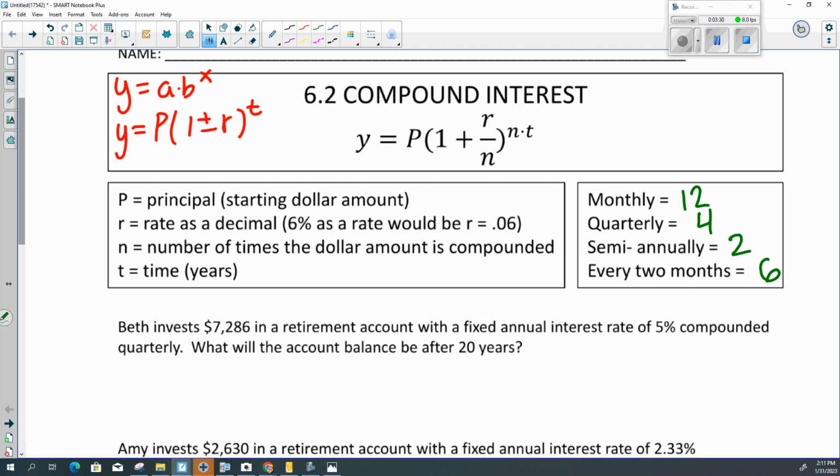Cody, will you read us what P stands for? That has been the same consistent thing throughout all of these equations. It might be called something different, A or P, but it's the same. It's the y-intercept. It's where you start. Maylee, will you read what R is?